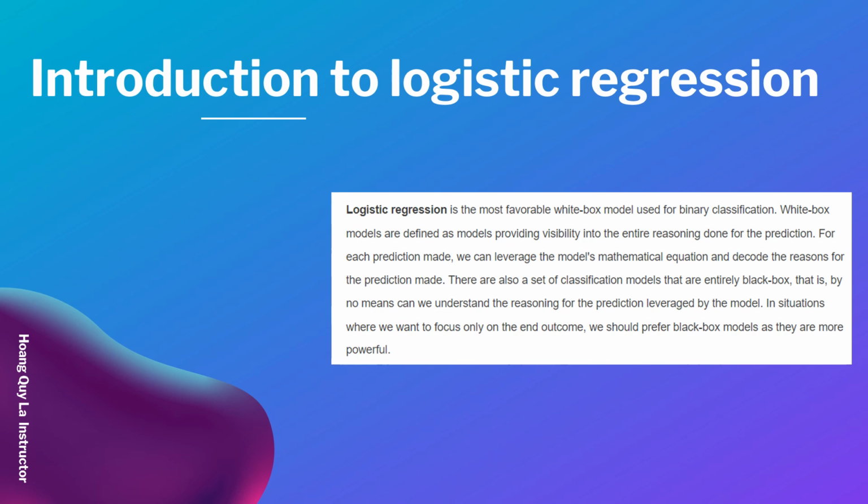There are also a set of classification models that are entirely flexible, where by no means can we understand the reasoning for the prediction made by the model. In situations where we want to focus only on the end outcome, we should prefer flexible models as they are more powerful.